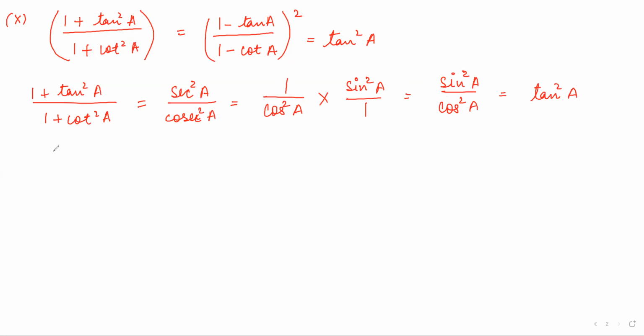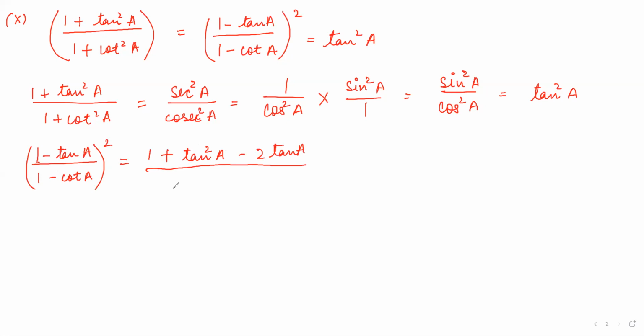And then second, you can simplify (1 minus tan A) divided by (1 minus cot A) whole square. So this time you have a whole square, (A minus B) whole square, so you will do A square plus B square minus 2AB that way. Okay, 1 plus tan square A minus 2 tan A, right?